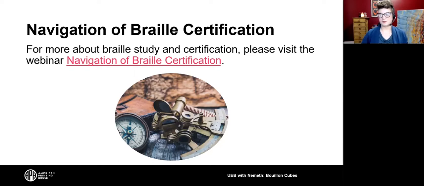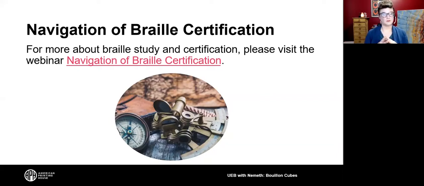The 2022 Nemeth Code update is a product of the Nemeth Code Committee of BANA. So the Braille Authority of North America, that's made up of representatives from various Braille-related organizations throughout the US, had nominated a collection of experts to make the Nemeth Braille Code Committee, which then worked through the 1972 Nemeth Code, fully incorporating all the updates that have been published since the 1972 publication.